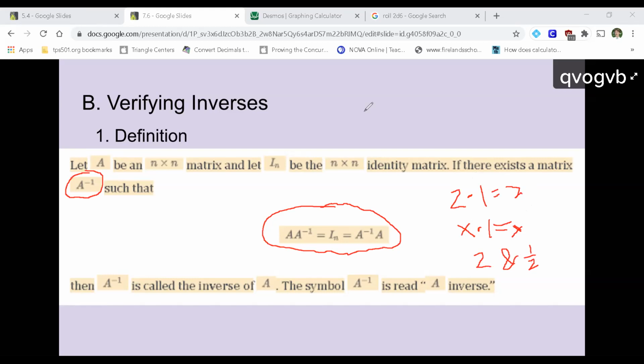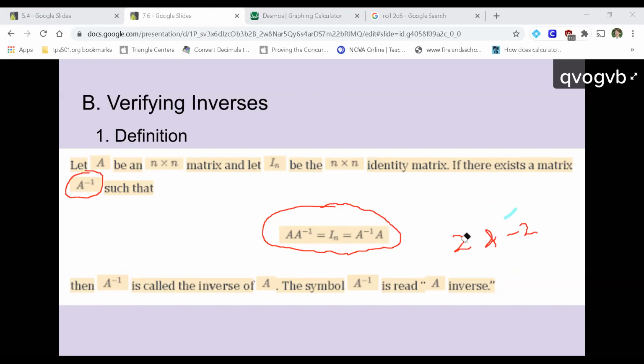If you think about this with addition, the identity of addition is 0 because anything plus 0 is itself. 2 and -2 are inverses for addition because 2 plus -2 gives us the identity 0. So that's how this works.